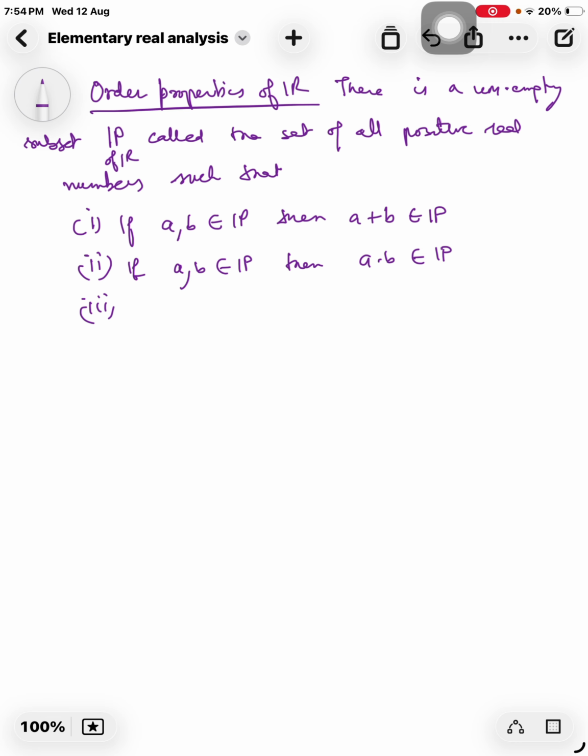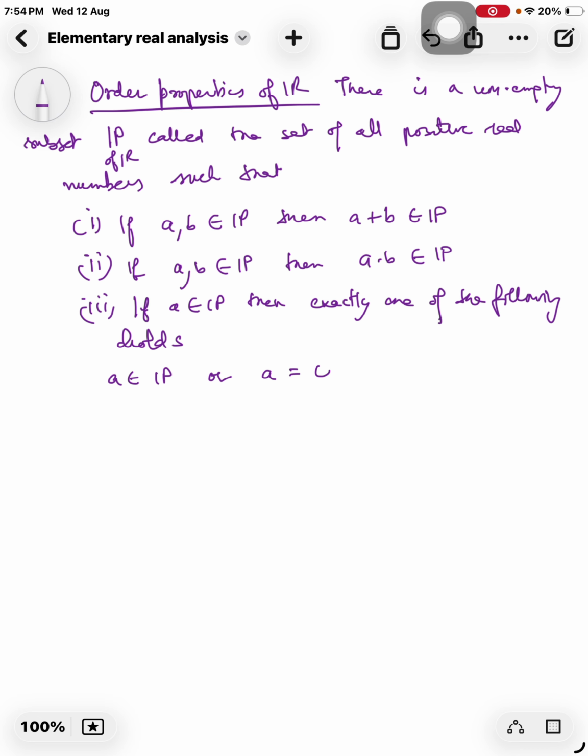Then the third property says if you have any element A of P, then exactly one of the following holds. That means there are three things, but only one will hold at a time. Either A belongs to P, or A is 0, or the additive inverse of A belongs to P.